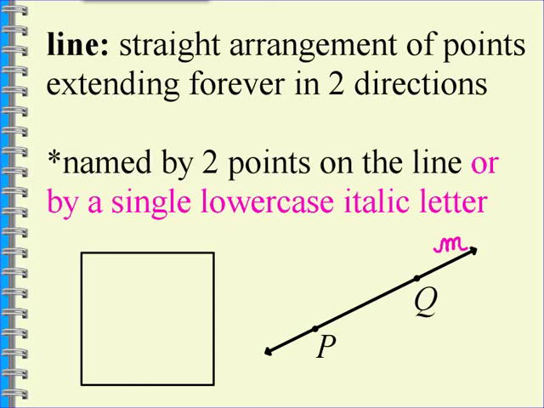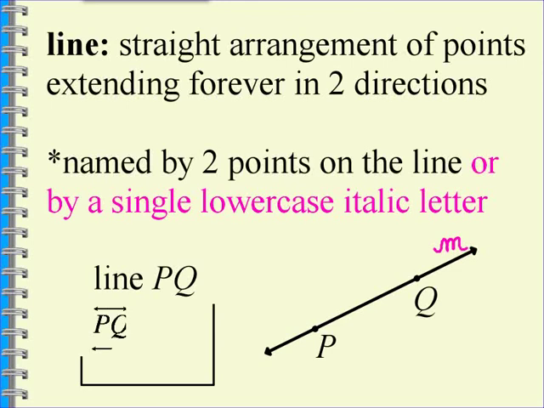So first of all, if we were just going to name it with the 2 capital letters, what would this be? Line PQ, good. Is there another way I can name that line? Line M, or what else? Line QP. Another way we can write that is a shortcut way.